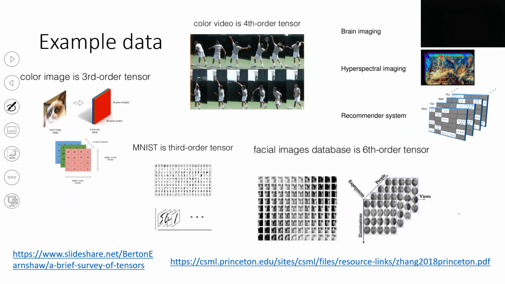And for video, because you have a time frame, you have one image, two images, so you have a fourth-order tensor. And also satellite images, brain imaging, and recommender systems, where you have users and movies and collect data of different types.